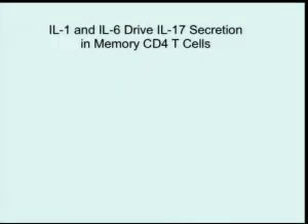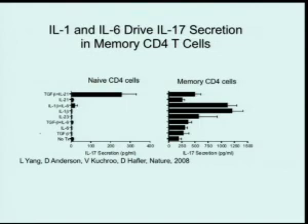First, a number of years ago, in collaboration with Vijay Kuchroo, we looked at what drove naive and memory CD4 cells to secrete IL-17. What we found is that TGF-beta plus IL-21 were the minimal requirements for driving naive CD4 cells to make IL-17, and memory CD4 cells, as in mice, required IL-1 plus IL-6.